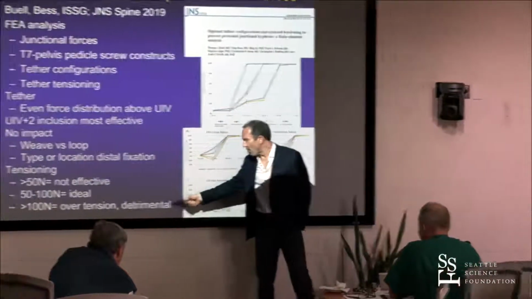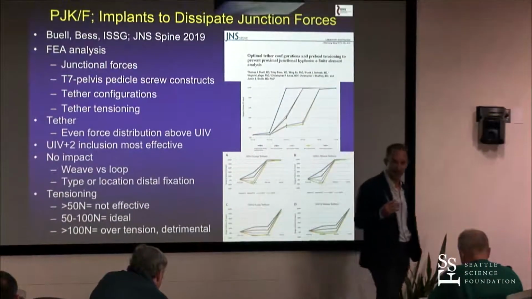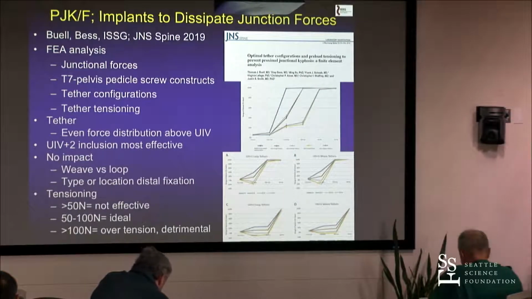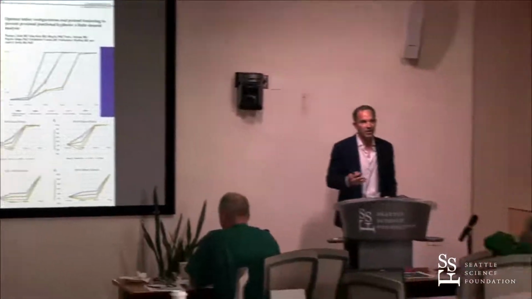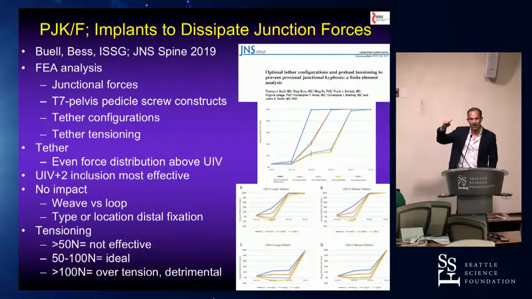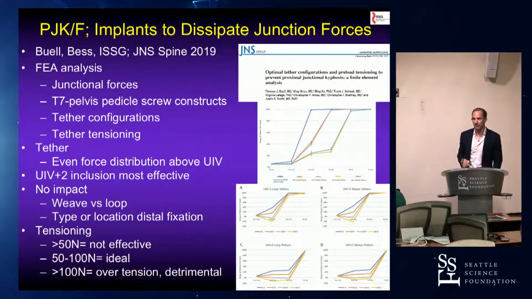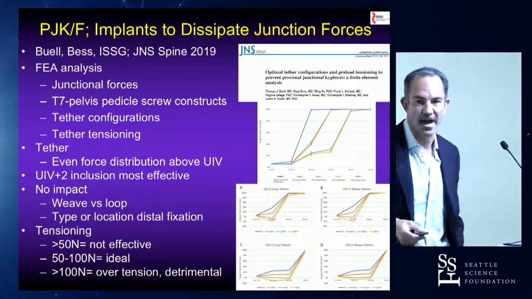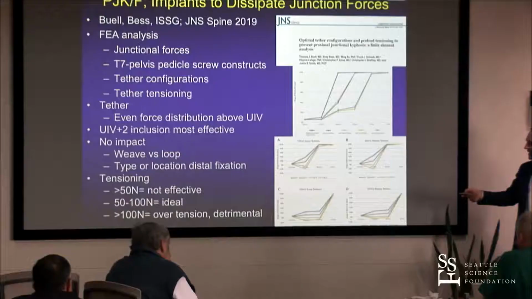But if you over-tension that construct, if in fact the bone interface will maintain it, it's detrimental. And why is that? Because it turns the construct essentially into a pedicle screw, right? It makes sense. If it's over-tightened, then it's going to fail with the same mechanism that an all-segmental screw fixation construct would behave, right? And so, again, there's this ideal tension.